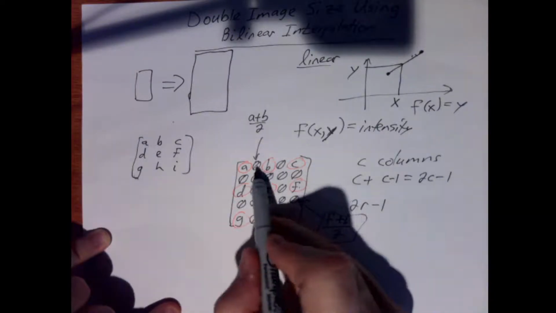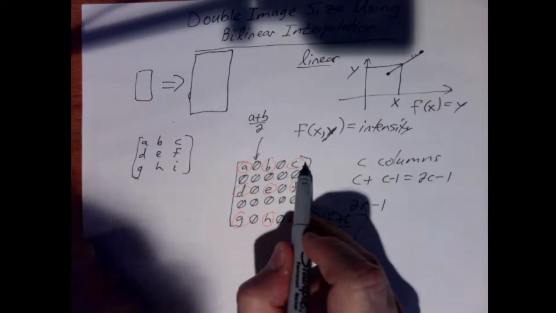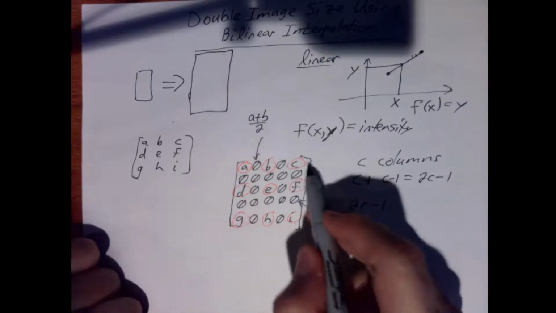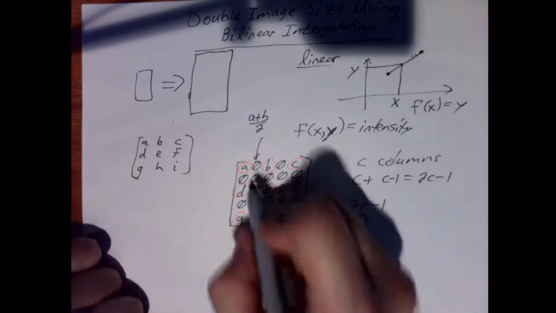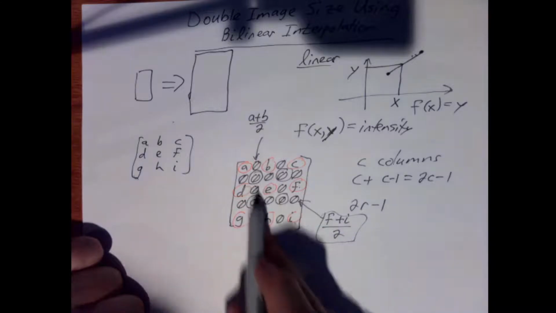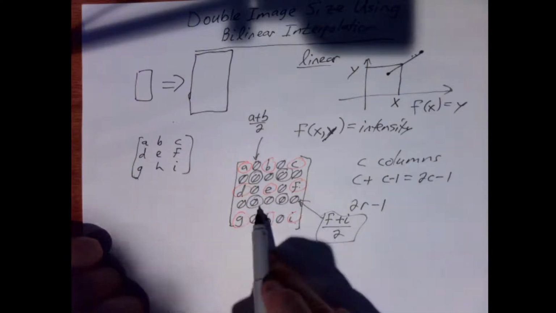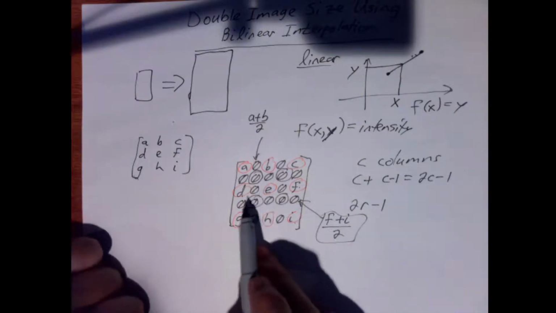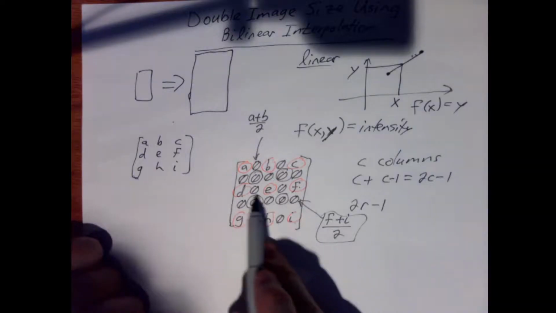So I've taken care of the values on a row that contains existing values. I've taken care of the values in a column that has existing values. But what about right here, and here, and here, and here, where they're in the brand new row columns that don't have anything above and below it or to the left or right of it that was existing?